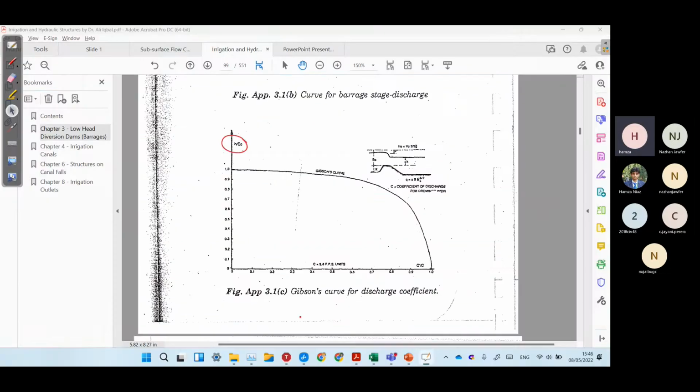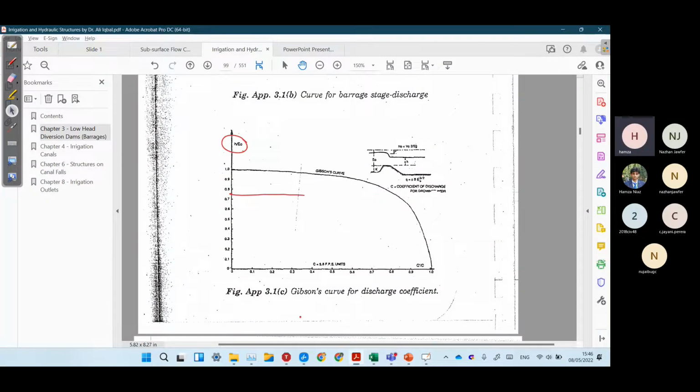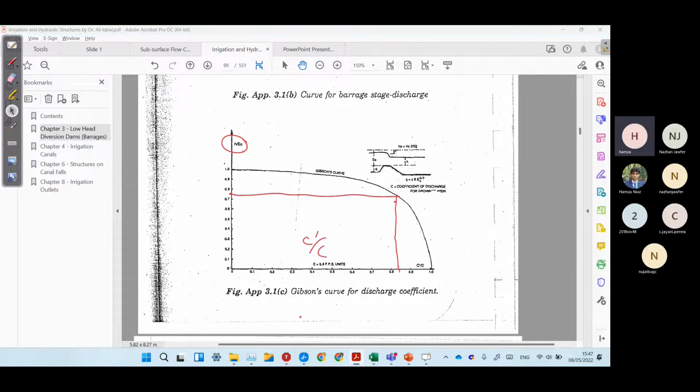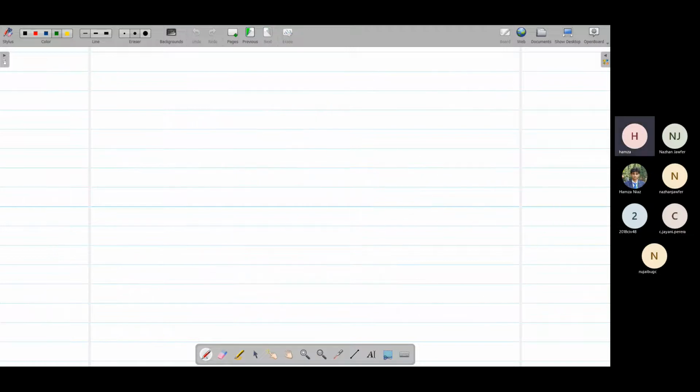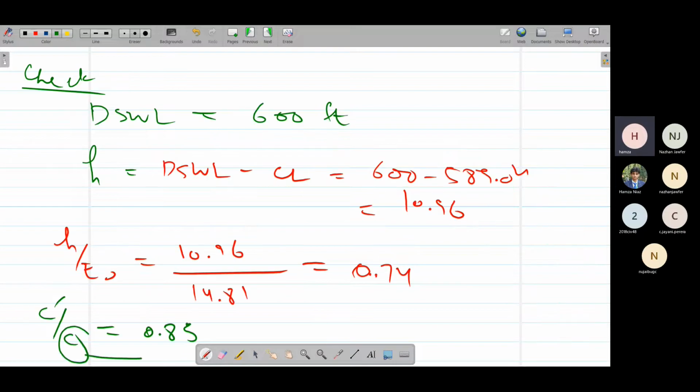Now we go through this graph for the 0.74 value, draw a horizontal line, and approximately we get 0.85. On the x-axis we have the C dash over C value, so our C dash over C value would be approximately 0.85.